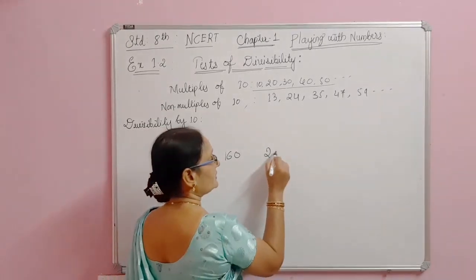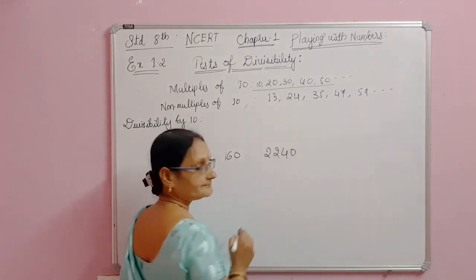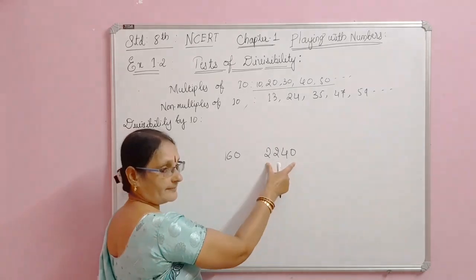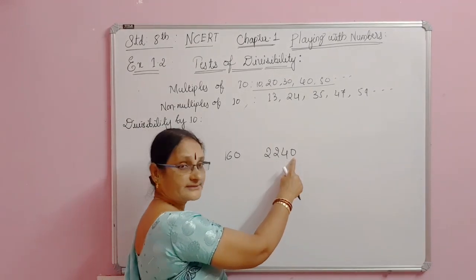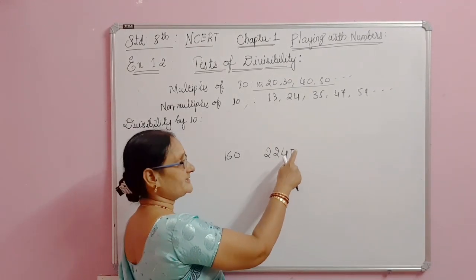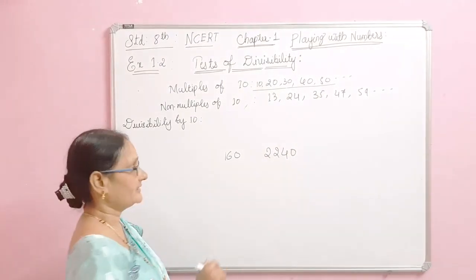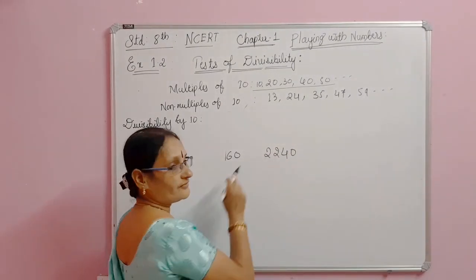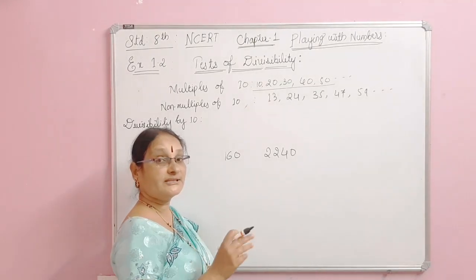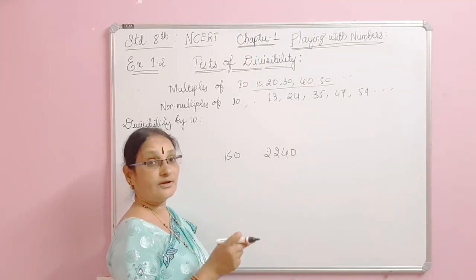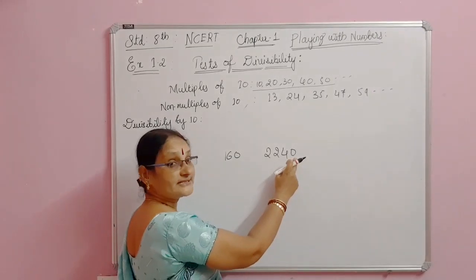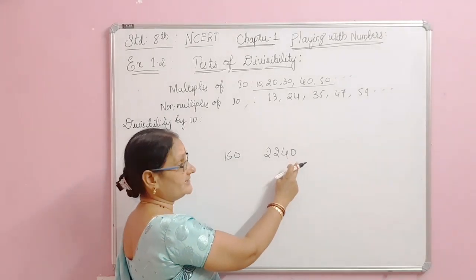Then 2240. In this number, in its units place there is 0. That means it is divisible by 10. Try to understand, very easy. Whatever the number of digits, we have to see the ones place digit.